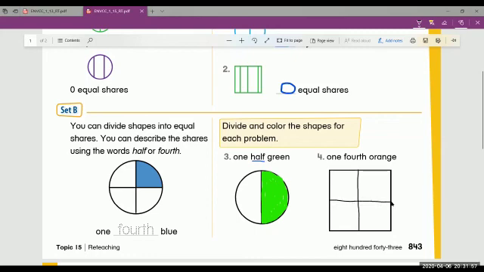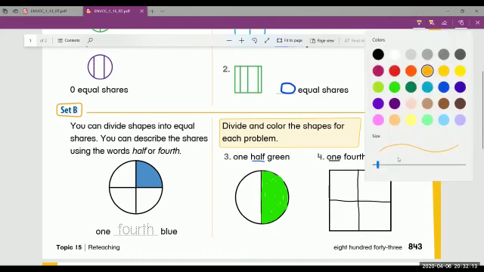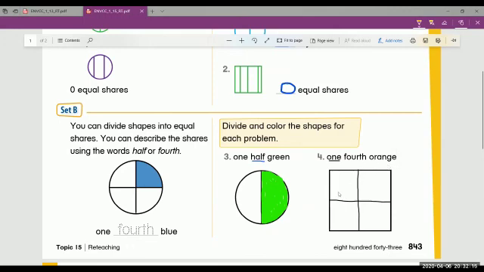Now 1/4 orange. So we will color just 1/4 orange. Color with me, please.